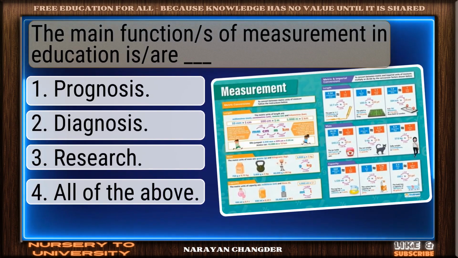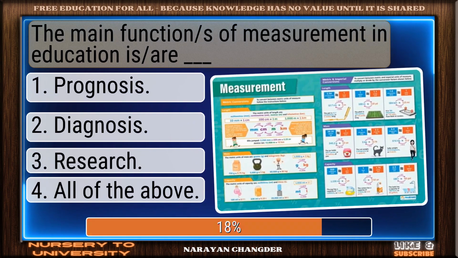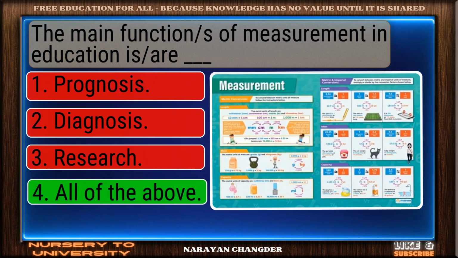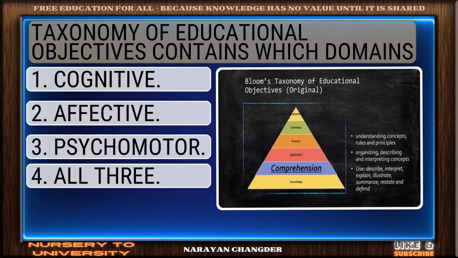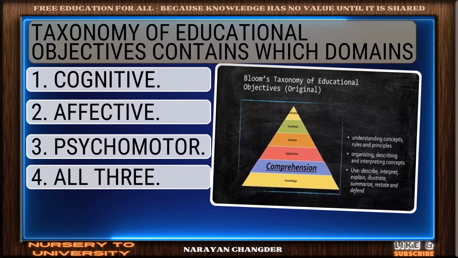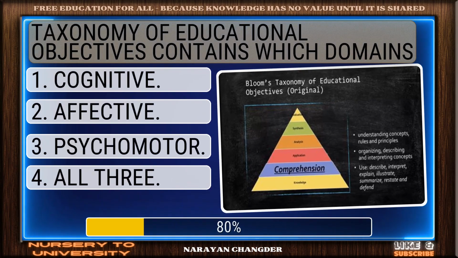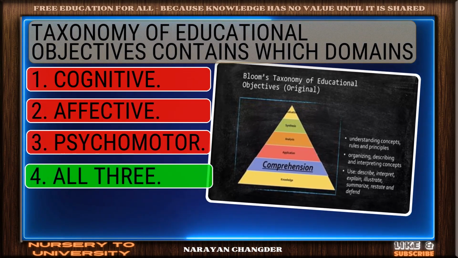The main functions of measurement in education are dash. Excellent choice. All of the above is the right answer. Taxonomy of educational objectives contains which domains? Well done. All 3 is the right choice.